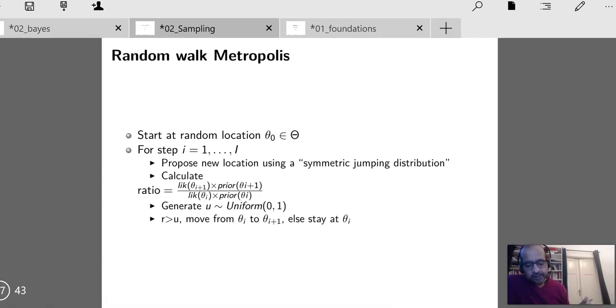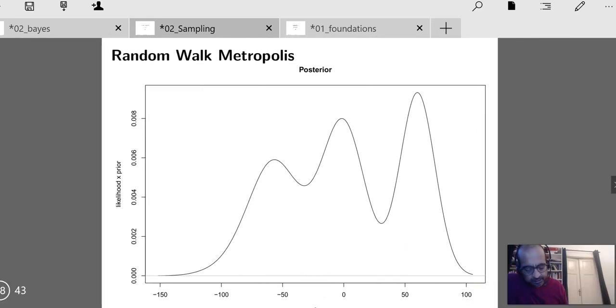So let's say we have some parameter theta, on this x-axis, and I want to obtain samples. Because I have a peak here and a peak here and a peak here, it's a multimodal distribution, right?